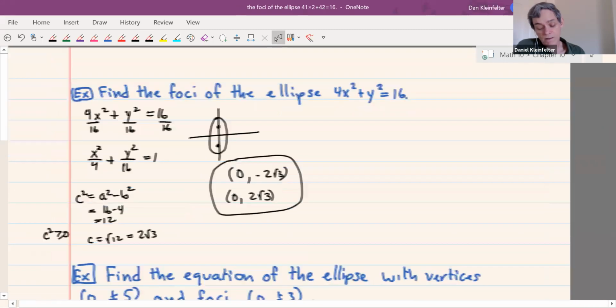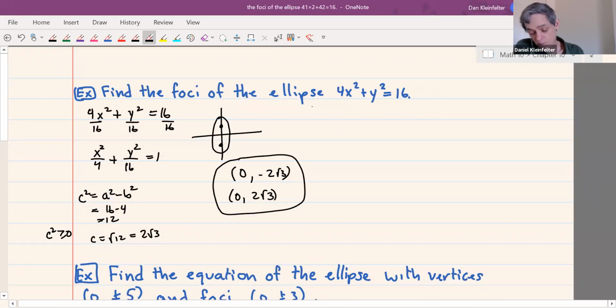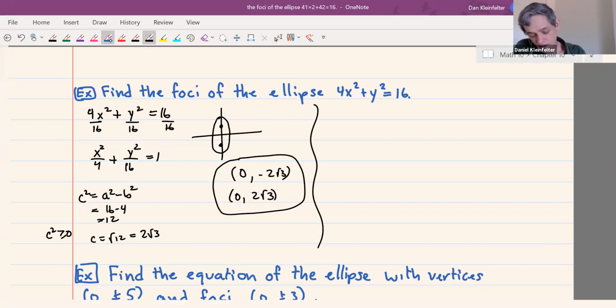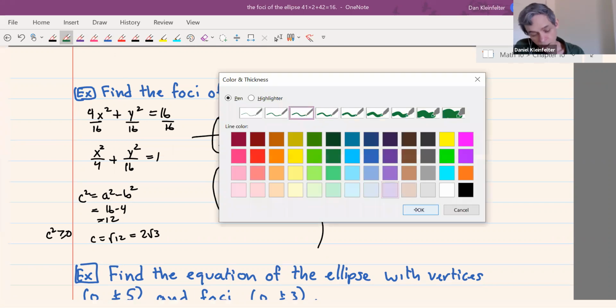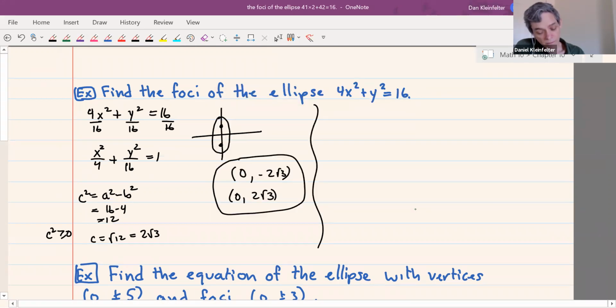But just for fun and so that you have more examples, let me put down a few more pieces of information out of this ellipse. So the major axis, or let's go with vertices next. So the vertices, this thing is taller than it is wide, so there'll be 0 and then plus or minus 4.